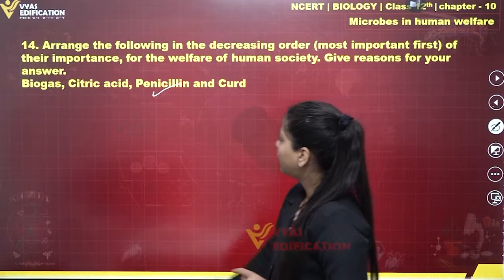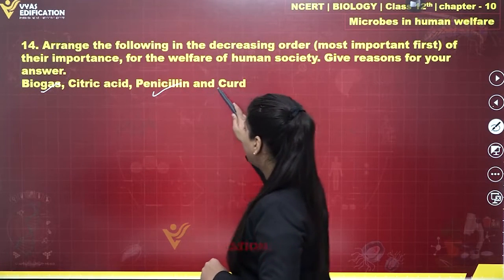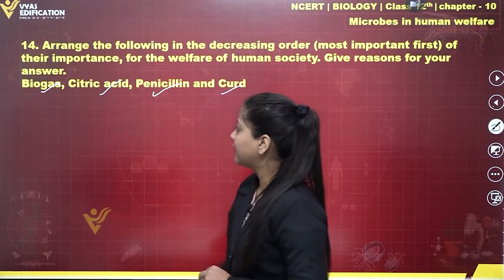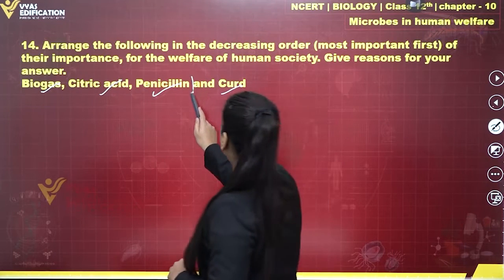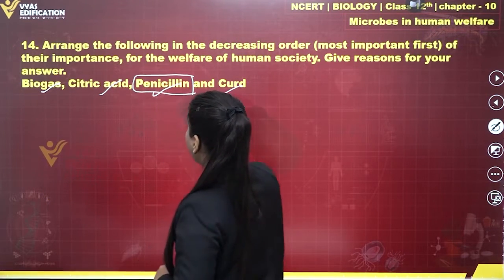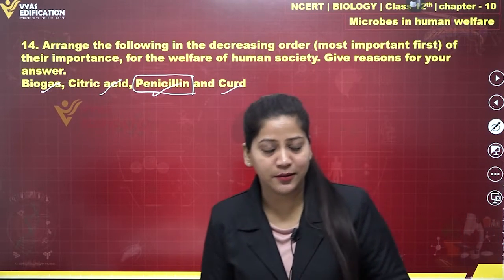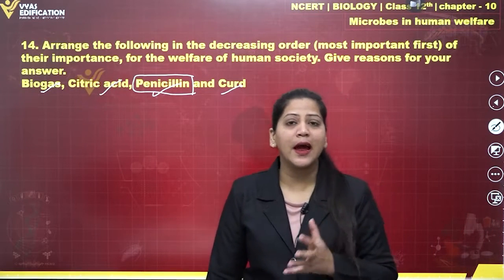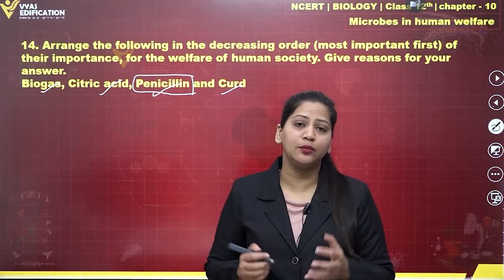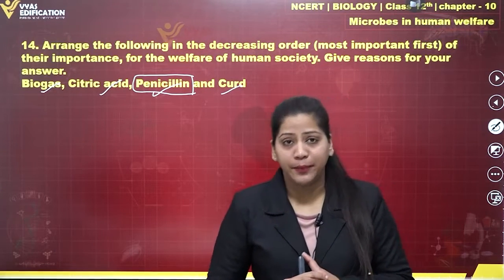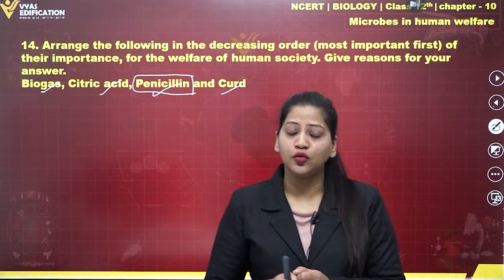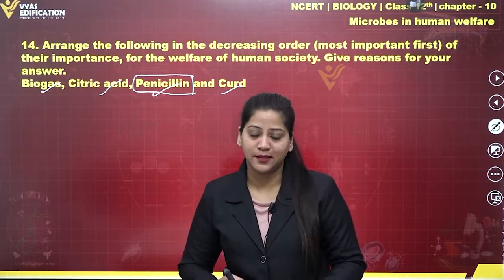Then we'll talk about biogas, curd and citric acid. Penicillin is an antibiotic which is obtained from the Penicillium notatum, and because it is an antibiotic, it is used to cure many bacterial diseases.